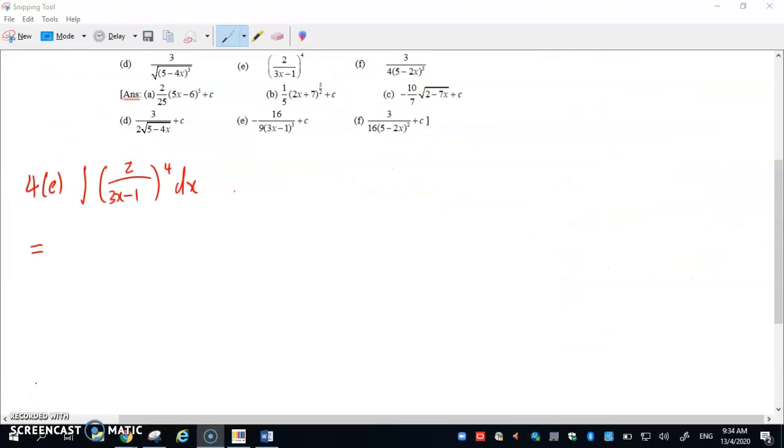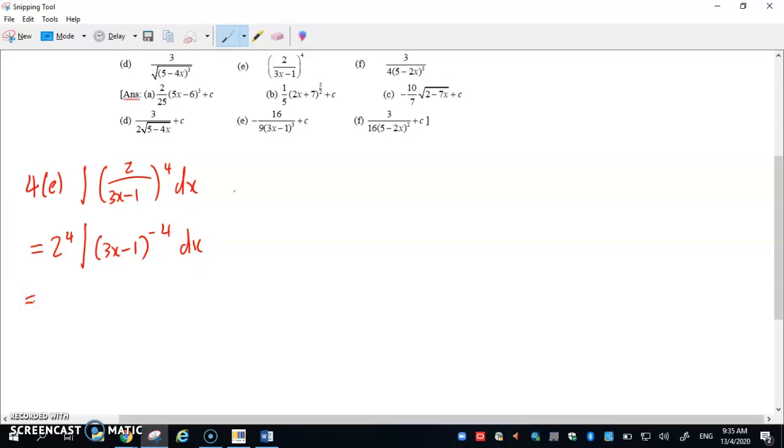Right, now for 4e, you can pull out the 2 to the power 4, then integrate, and this entire expression is just (3x - 1)^(-4) dx over here.